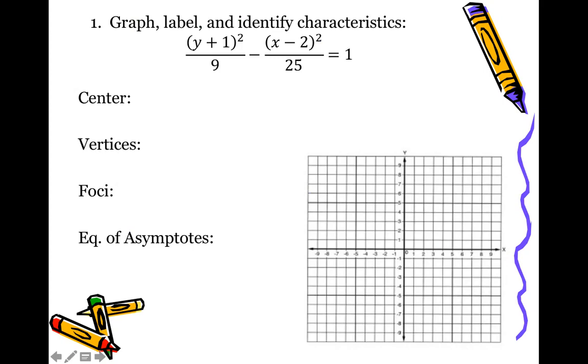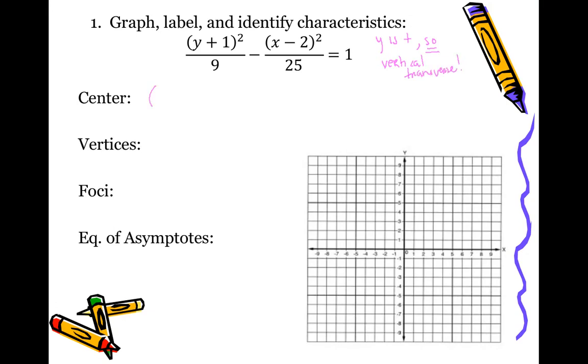Okay. Let's look at another one. So, vertical or horizontal transverse axis? Well, which one is positive? y is positive. So, it's a vertical transverse axis.